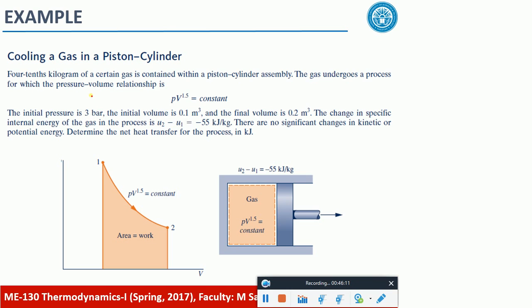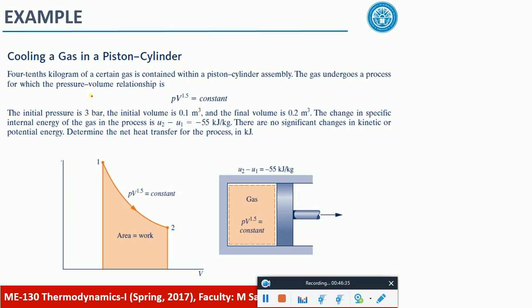So you can say 4/10 kilogram of a certain gas. Obviously, I hope you understand what that means. 4/10, it's 0.4. Of a certain gas is contained within a piston cylinder assembly. The gas undergoes a process for which the pressure volume relationship is given.